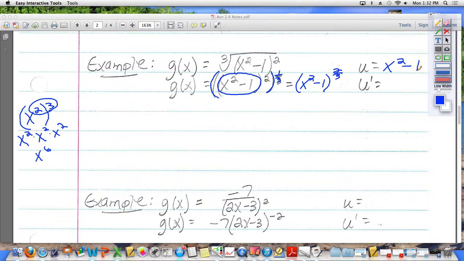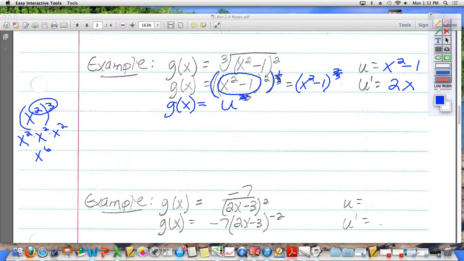What is the derivative of u? In other words, u prime. It is 2x. Valuable information over there. Now I'm going to go back to my problem and rewrite g of x. No longer will I write it as x squared minus 1 to the 2/3 power. Instead, I will write it as u to the 2/3 power.